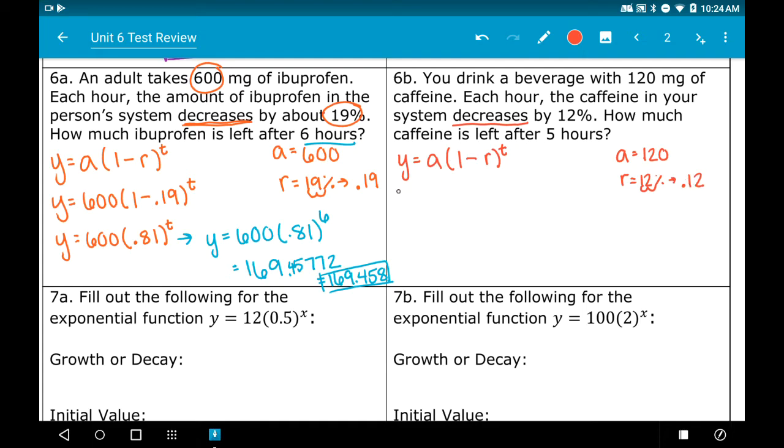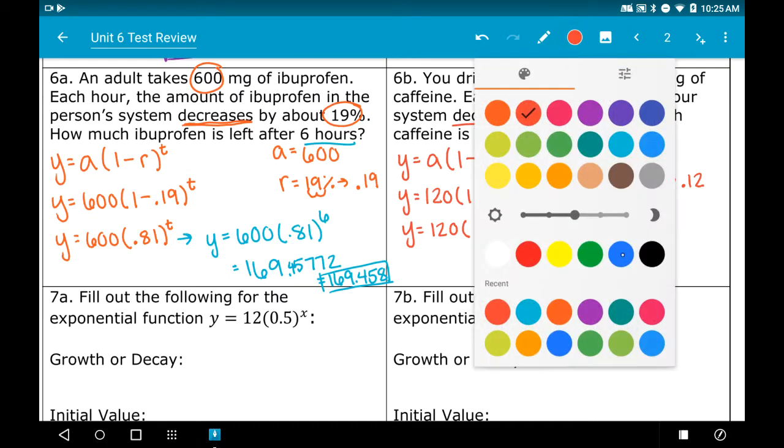So y equals, our A is 120, 1 minus 0.12 to the power of t. And we simplify that, so we get y equals 120, parentheses, 1 minus 0.12 is 0.88 to the power of t.